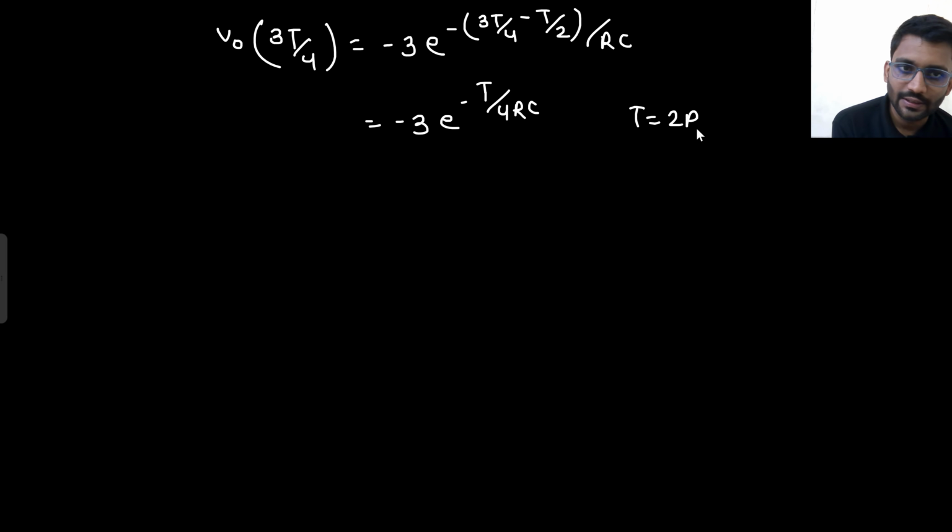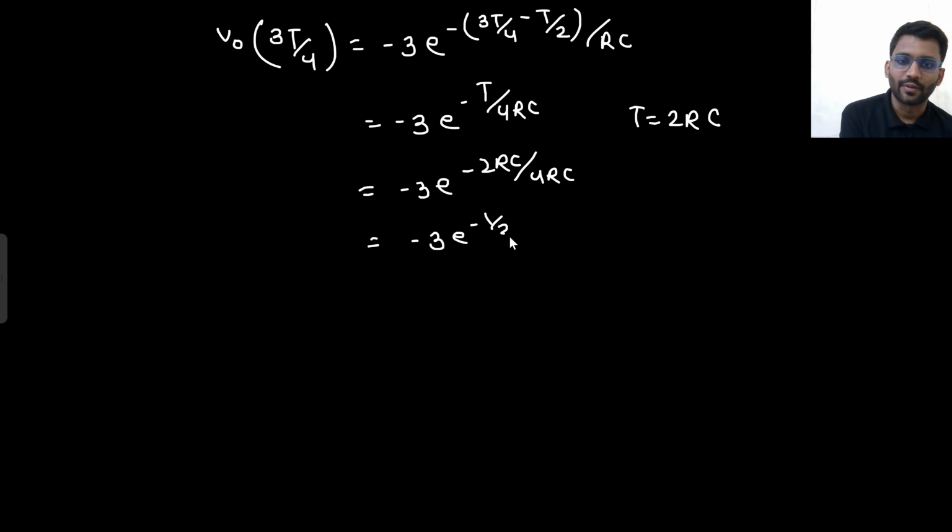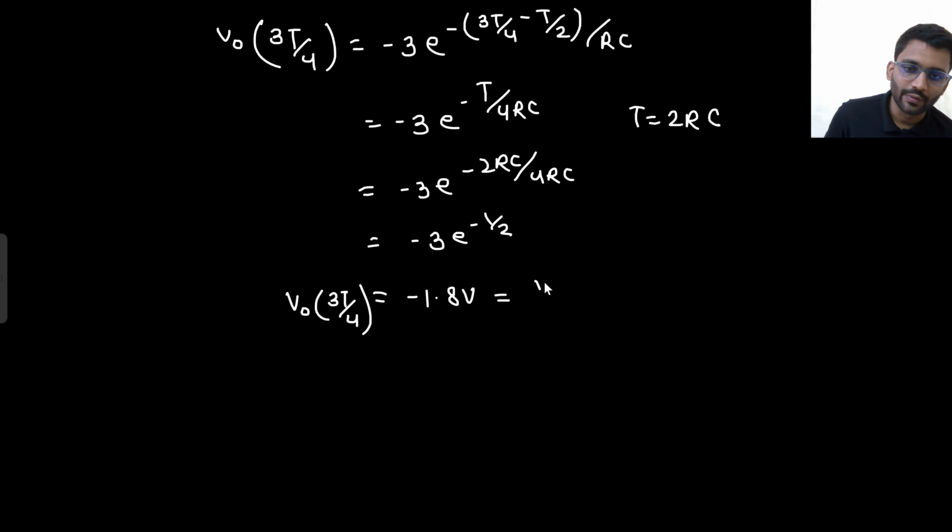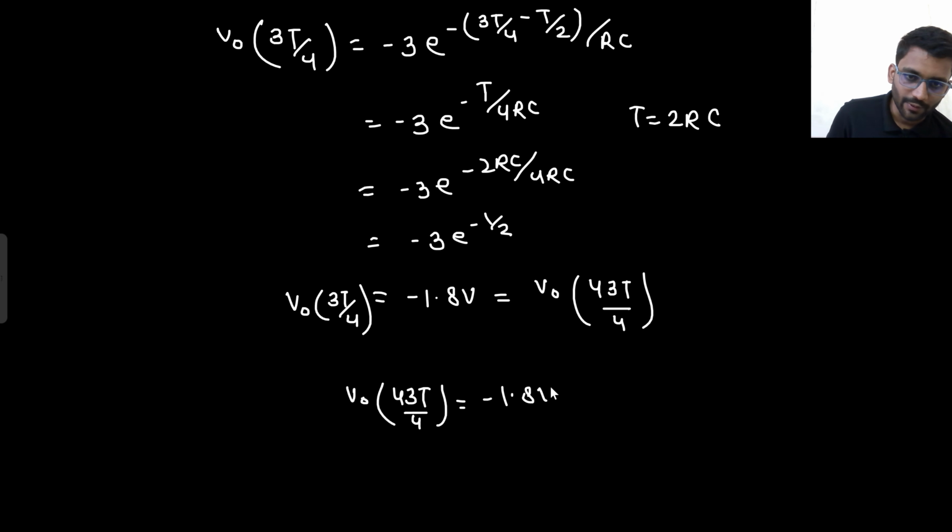Value of t is given as 2 RC, so it would be -3 into e to the power minus 2 RC by 4 RC, that would be e to the power minus 1 by 2, that would be equal to minus 1.8 volt. So V naught value at 43t by 4 will be minus 1.8 volt.